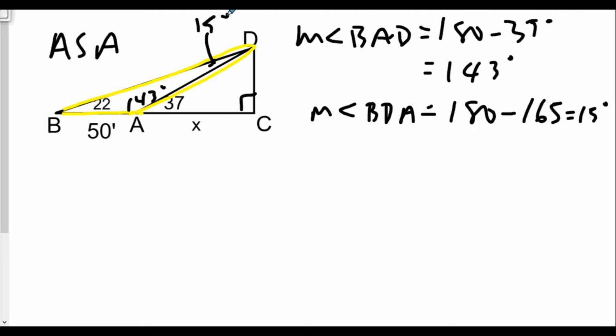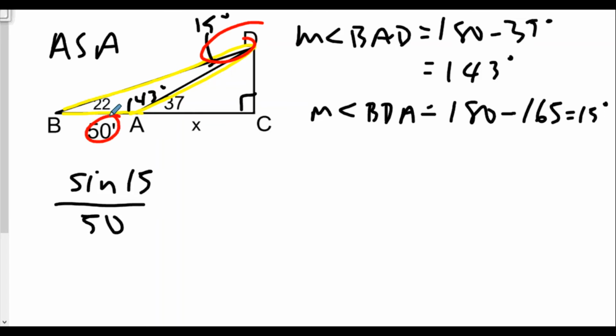So now, law of sines. We're going to do the sine of 15 degrees over 50, because we have this angle and the side opposite. We can choose to find BD or AD. I'm going to go with AD.